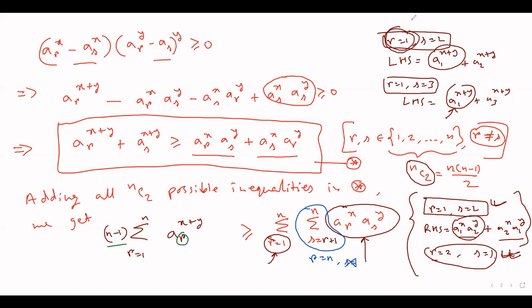If I choose R, for example, let's choose another, say R equals 6, then S runs from 1 up to n, but S is just not equal to 6. This is how I made sure that I am going to get A6 n minus 1 times, where 6 is just a particular random choice of R, right?